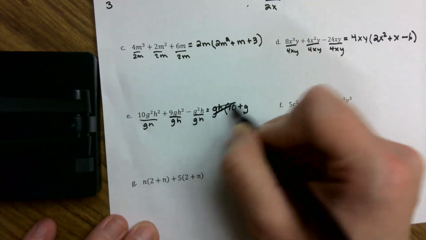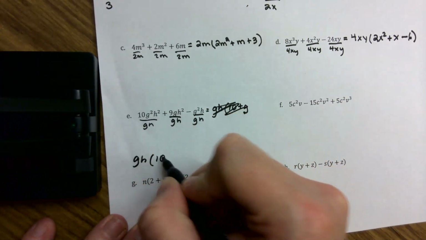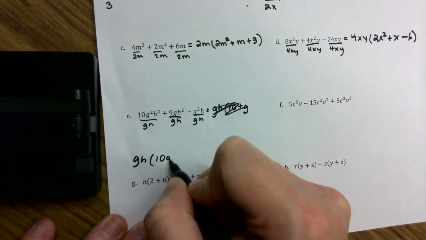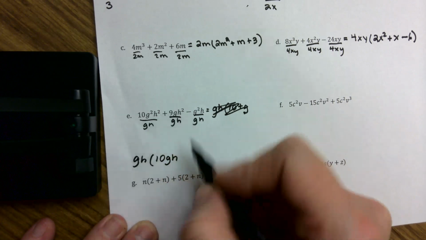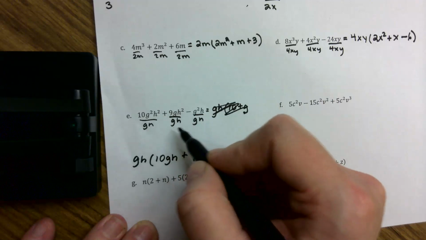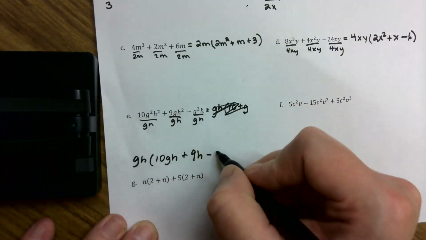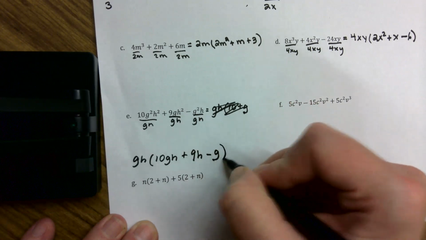Take the gh out. We're going to have 10gh plus. The 9's still there. The g's go away. There's still an h minus. Still a g. The h's cancel.